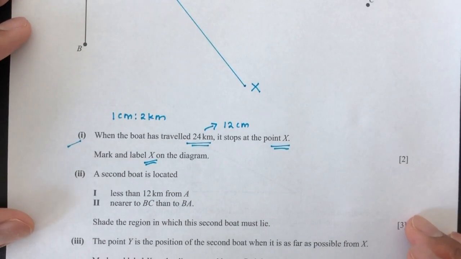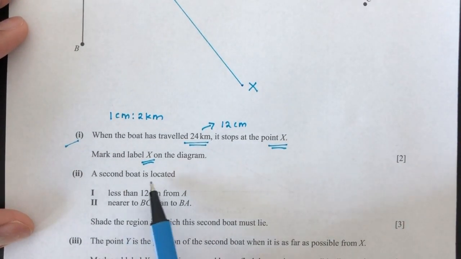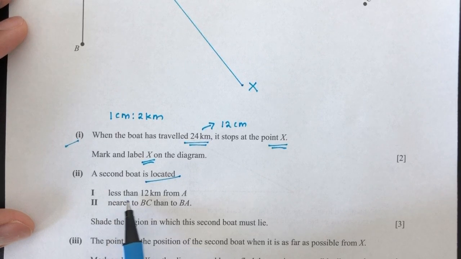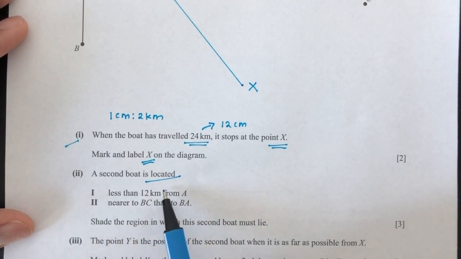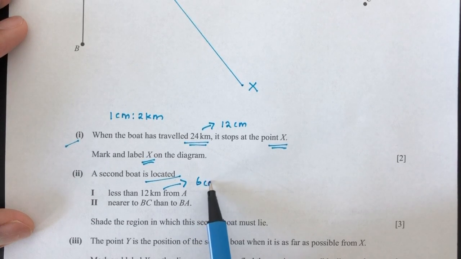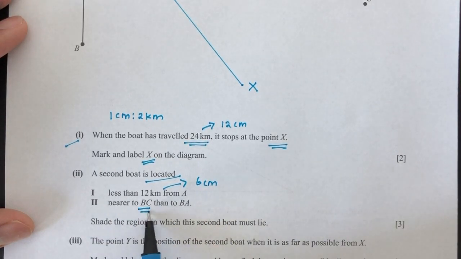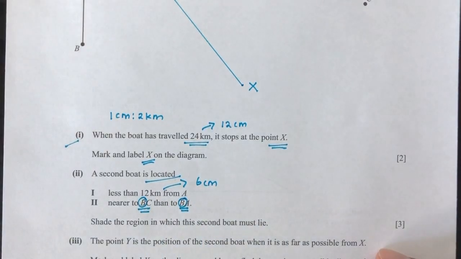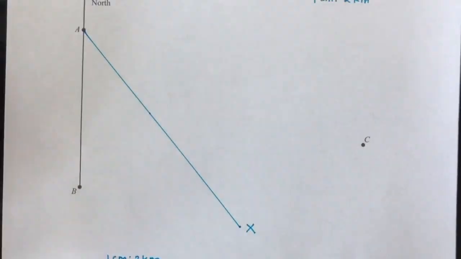Now part 2: a second boat is located. It is less than 12 km from A. Okay, 12 km will be 6 cm on the map from A, and it is nearer to BC than to AC. As you can see here, we have B and A. So what we can do first is connect the points.